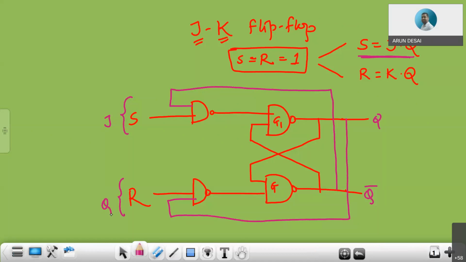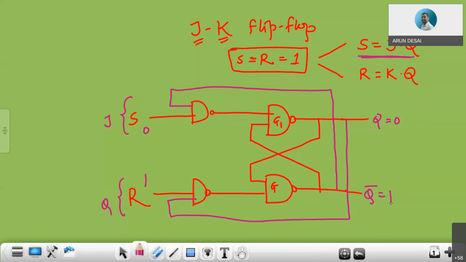So Q is connected to the R input and Q complement is connected to the S input, and the things change, right? Suppose the inputs are 0, 1, and Q could be 0.